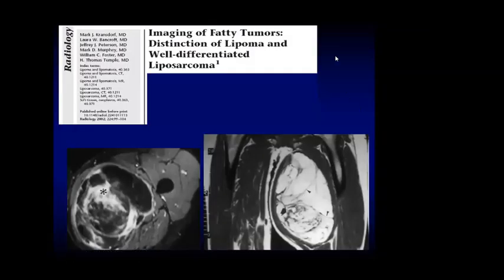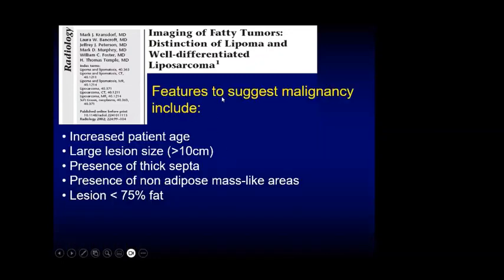Now, there is a debate in the literature as to how to differentiate between a lipoma and a liposarcoma, or well-differentiated liposarcoma. The way we differentiate between a lipoma and well-differentiated liposarcoma is by looking at features.